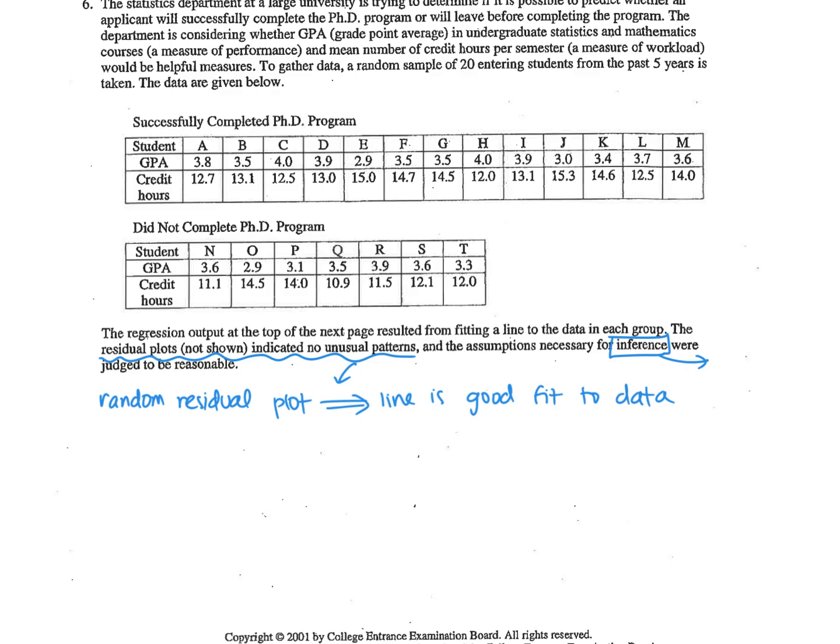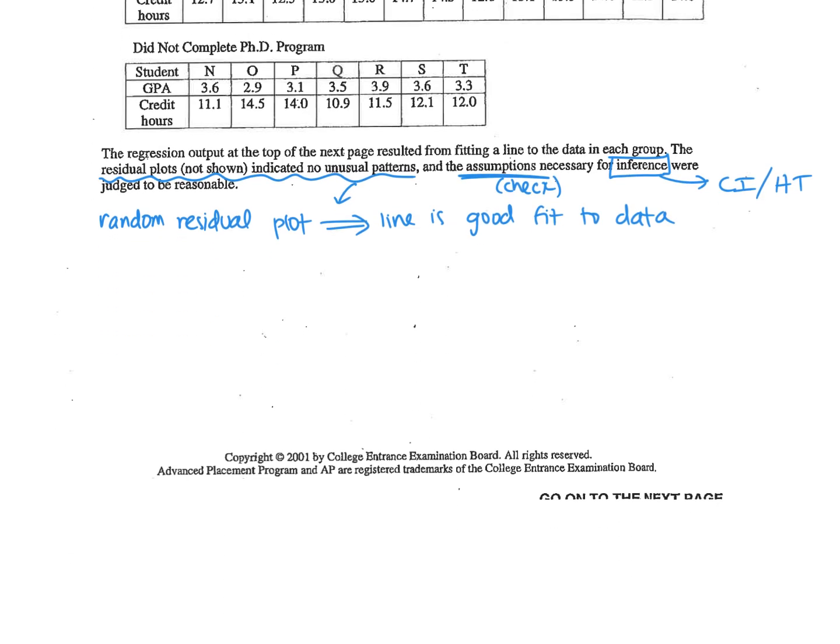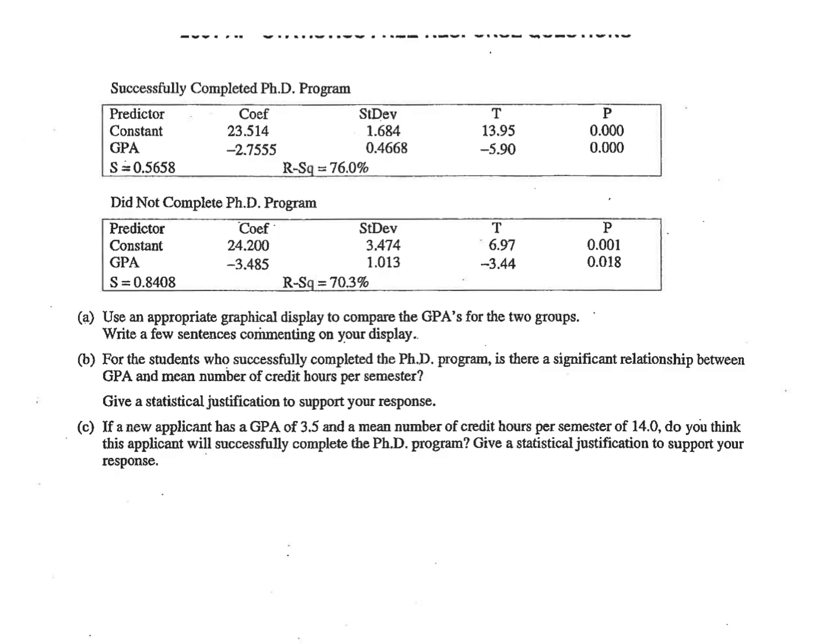Like your hypothesis. Okay, great. Inference means a confidence interval or a hypothesis test. So it's telling us the assumptions, aka the check part, is met for a confidence interval or a hypothesis test. So really what's new today is we are looking at confidence intervals and hypothesis tests for slope. We okay on this? Okay, so let's look at the next page.